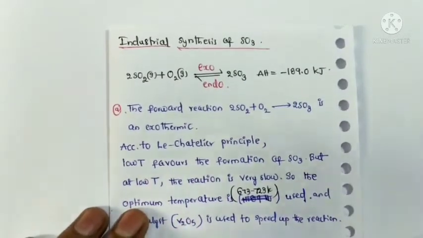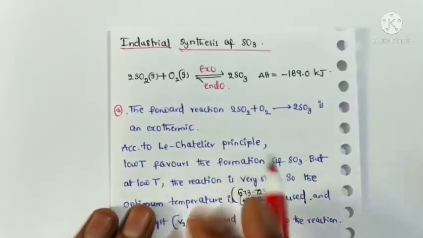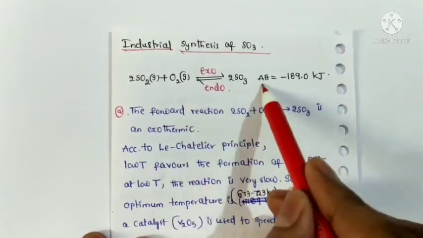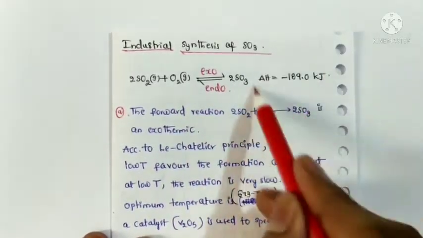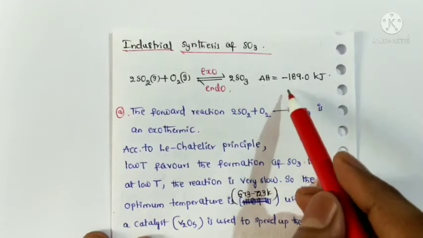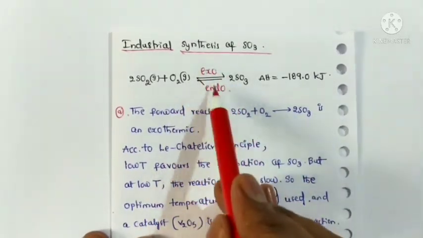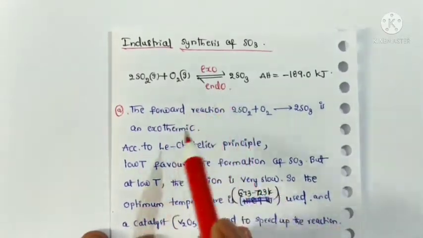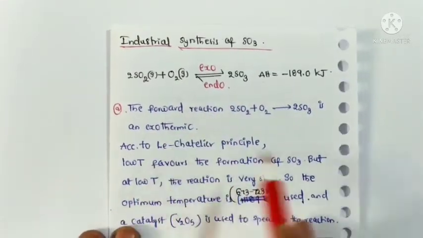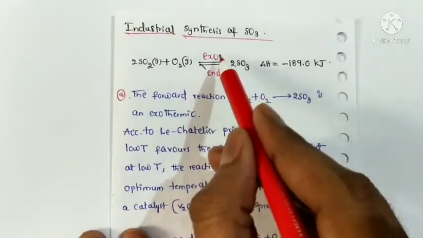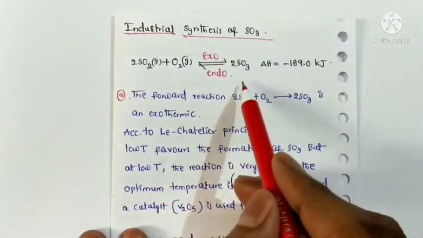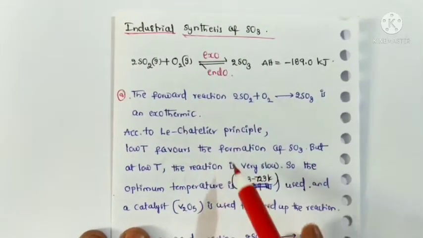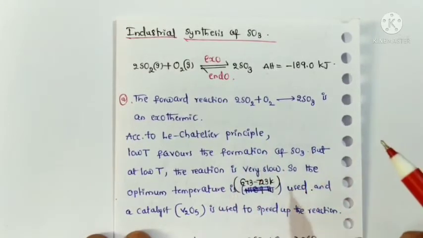So this is the same as the Haber process, but some conditions are different. For the forward reaction, delta H is already given. Since delta H is negative, we can determine the forward process is exothermic and the backward process is endothermic. According to Le Chatelier's principle, low temperatures are favorable for the formation of sulfur trioxide. But at low temperature the reaction is also very slow.